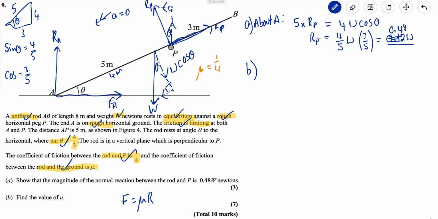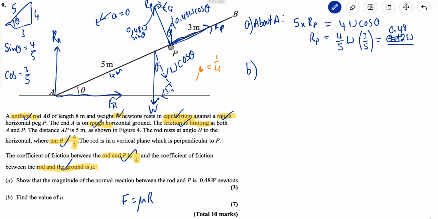RP is 0.48W, so 0.48W cos theta. And this force at the top here, which is hard to fit in, is 0.48W sine theta.